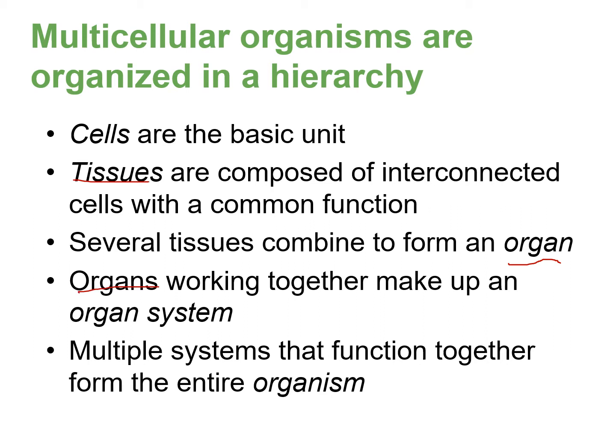And then the organs work together to make up organ systems. We've talked about the cardiopulmonary system, which is comprised of the heart and the lungs. And then all of these systems together function and maintain homeostatic balance, hopefully, to form the entire organism.